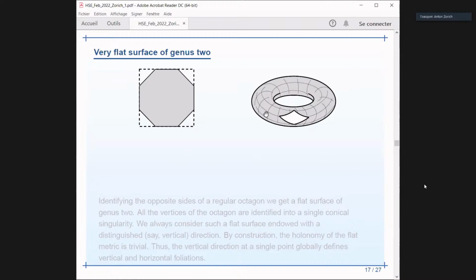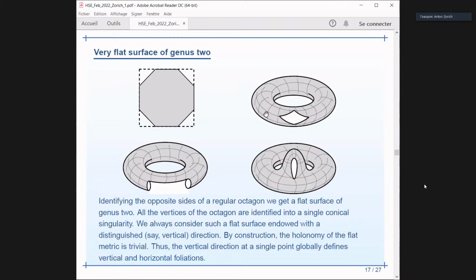Let me turn this hole by 45 degrees, and let me identify 2 more opposite sides. I get a torus now with 2 holes, which are isolated. And then when I identify these 2 holes by gluing them together, I get a torus with a handle.